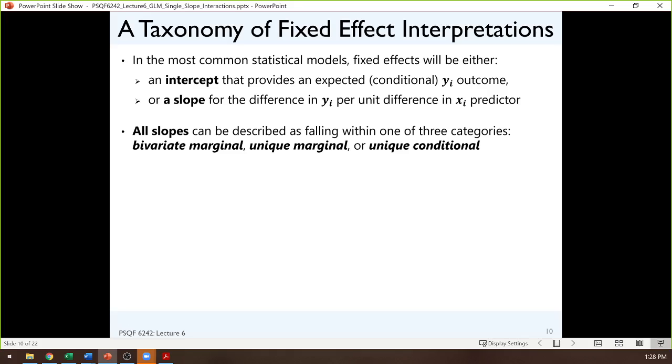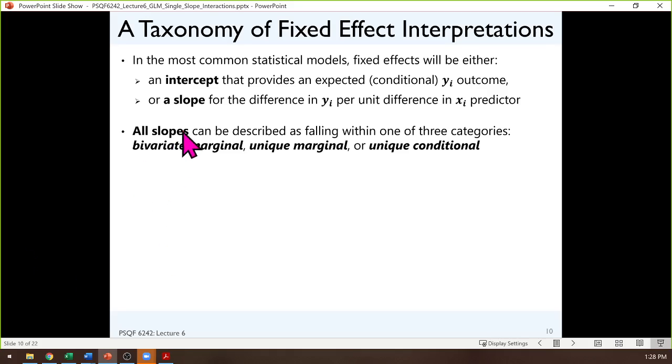But let's put ourselves back in that framework. The very first model that you saw that had one predictor in it, we had a fixed intercept and a fixed slope, and that was sufficient vocabulary to describe that situation. The intercept is always the expected outcome when your predictors are 0, and a slope is always the change in the outcome for a 1-unit change in that predictor.